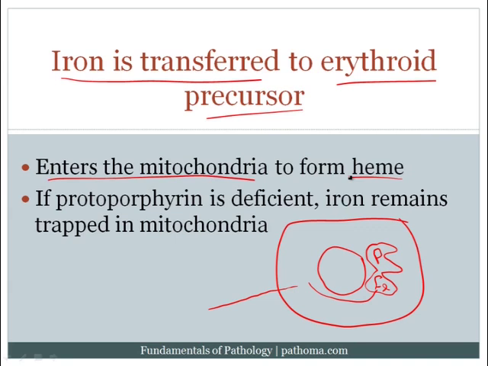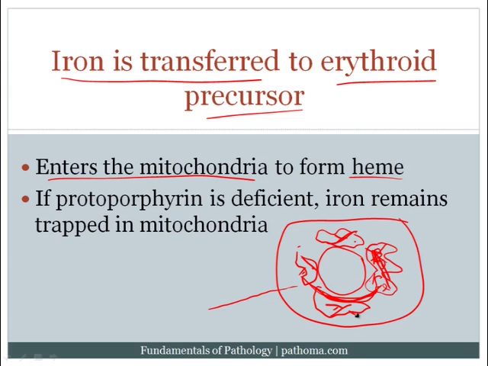Now let's pretend for a minute that protoporphyrin is deficient, so that we're not making protoporphyrin. If we're not making appropriate protoporphyrin, iron will enter into the mitochondria and will be trapped there. It has no way of getting out. And when iron gets trapped within the mitochondria, it's going to pile up, because iron is going to continue to come in, so more iron and more iron will come into the mitochondria. Mitochondria are generally present all around the nucleus, and each of them is going to become loaded with iron.